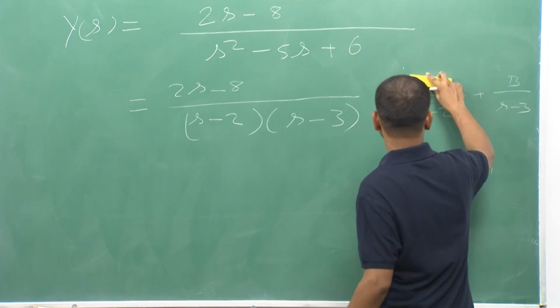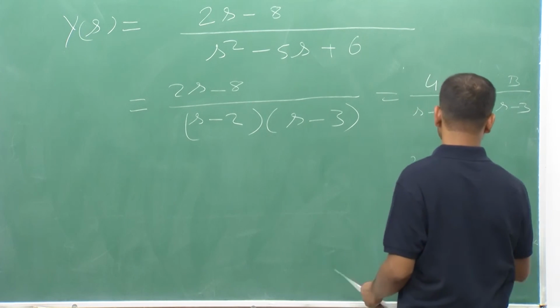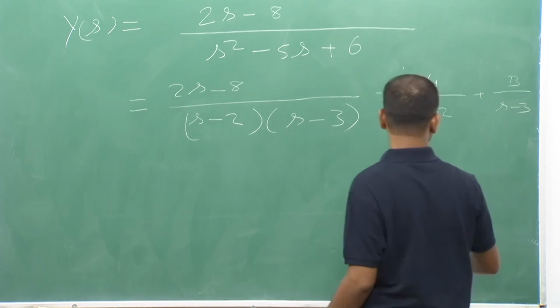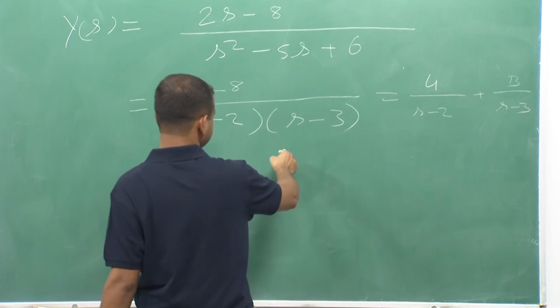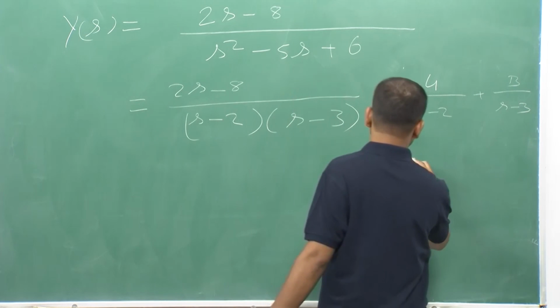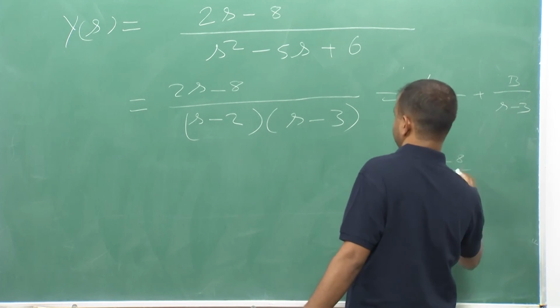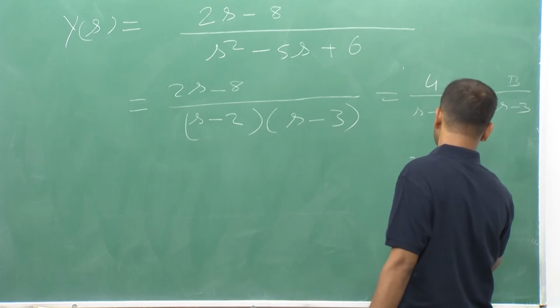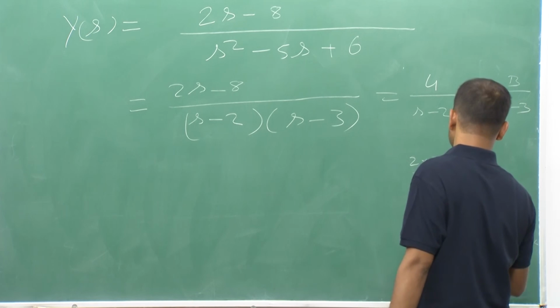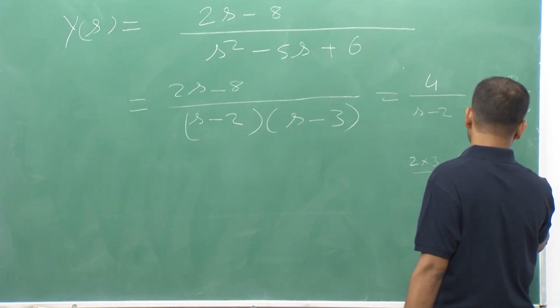So, I can write 4 by s minus 2, and now the B, I put s is equal to 3 and I eliminate this term, then I will get 2 into 3 minus 8 and 3 minus 2. So, this will give me minus 2 divided by 1.